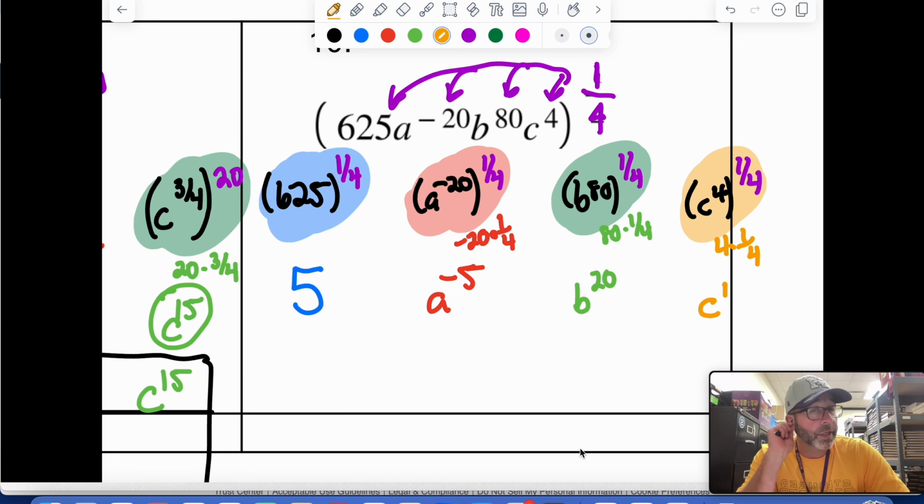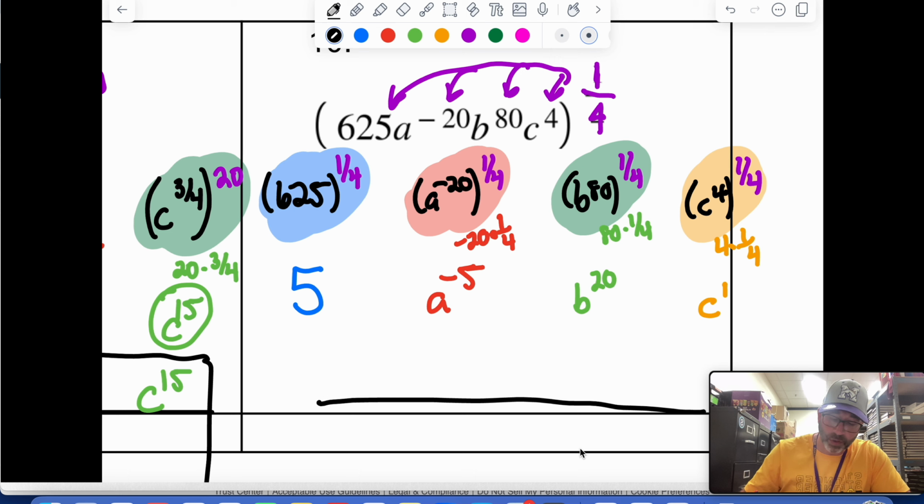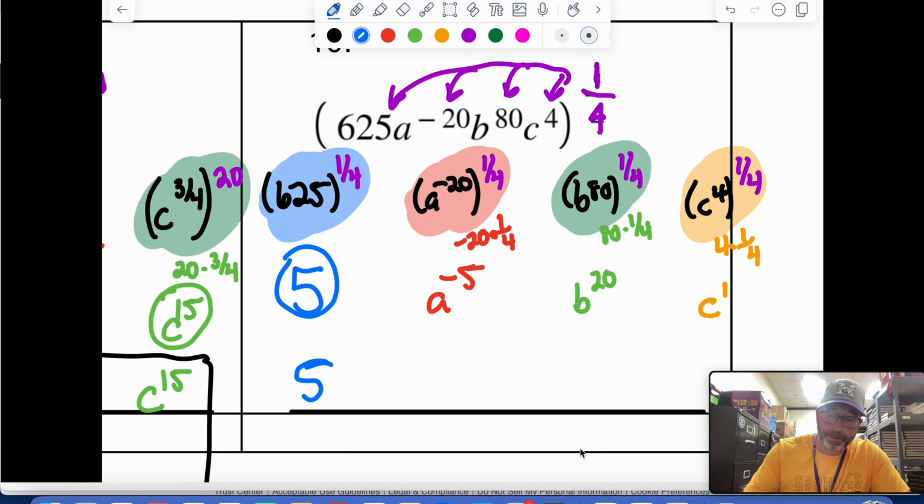And then whenever we look at this and we have negative exponents, remember those move. Everything else is going to stay exactly as it is. So if we move the items that have to be moved, let's go one thing at a time here. That 5 that we see right here is going to stay where it is because it doesn't have a negative exponent. The a right here is going to move because it's got a negative, and it's going to be turned into a positive.